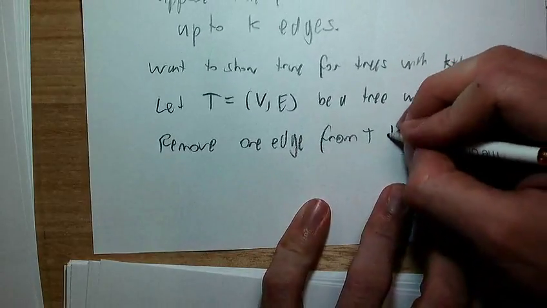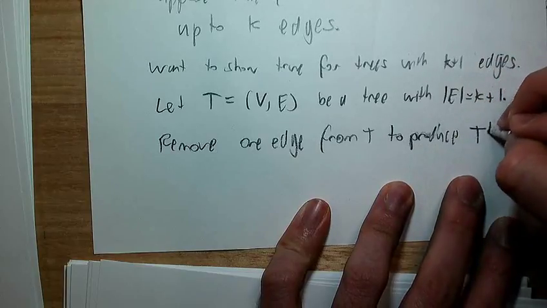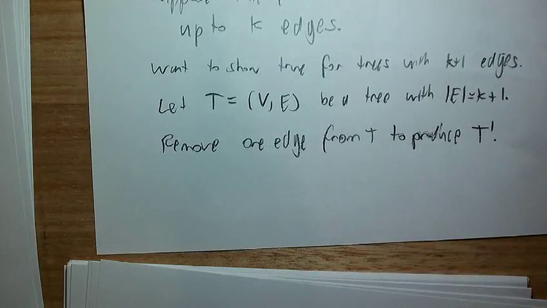To produce the graph T dashed, which may or may not be a tree. Well, I suppose, actually, we do know that whatever T dashed is, it doesn't have any cycles, because it didn't have any cycles before, and all I've done is remove an edge.